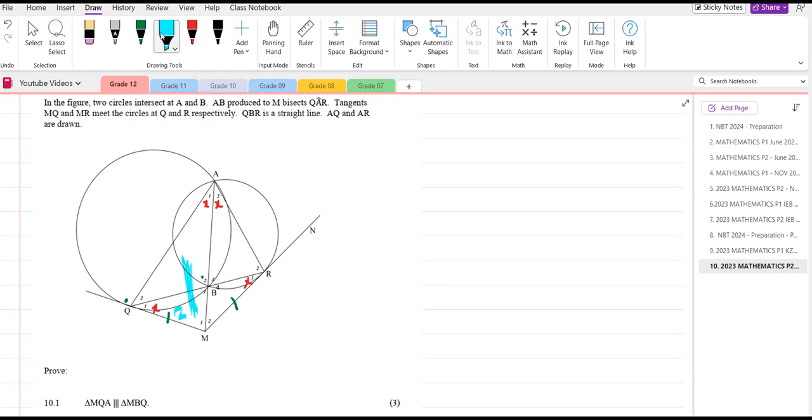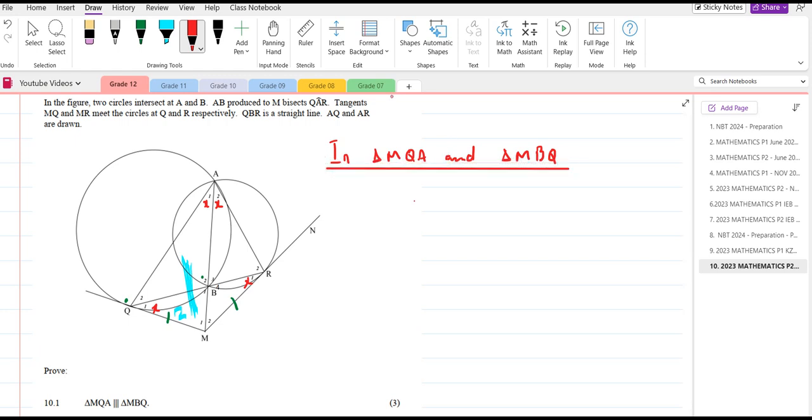Yeah. So let's write in triangle MQA and triangle MBQ, we have 1, 2, 3. We got 3 things.